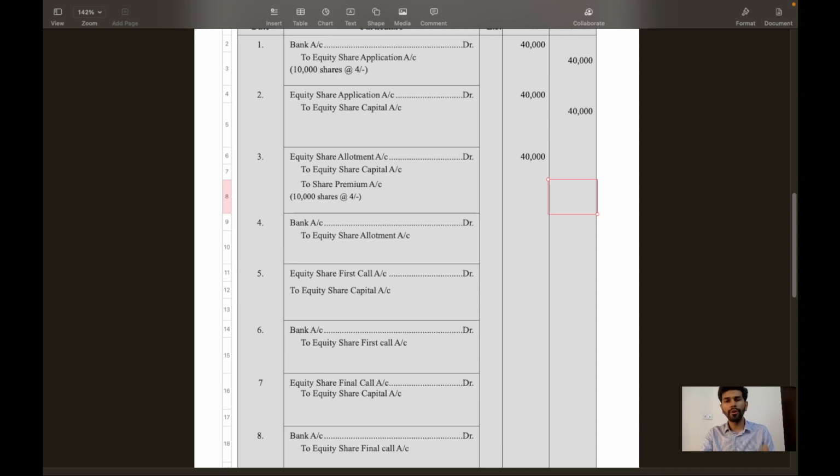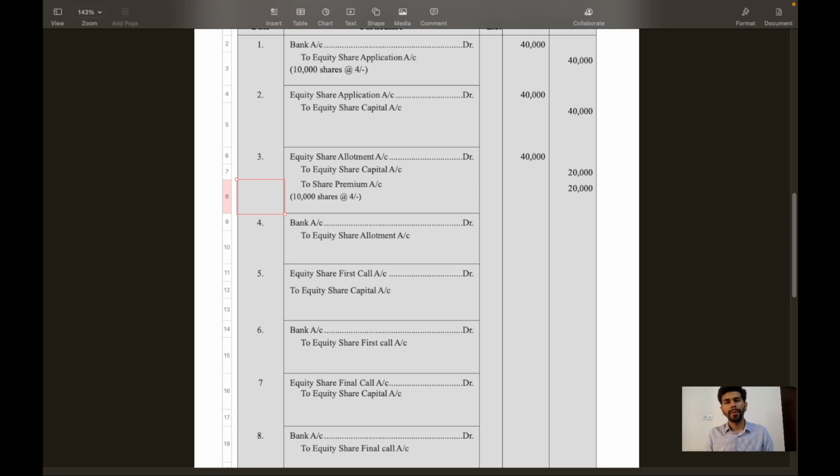So 10,000 into 2, 20,000 rupees will be security premium and the balancing 20,000 rupees will be transferred to equity share capital account. So entry will be equity share allotment account debit 40,000 rupees to equity share capital account 20,000 rupees to share premium account or security premium account 20,000 rupees.